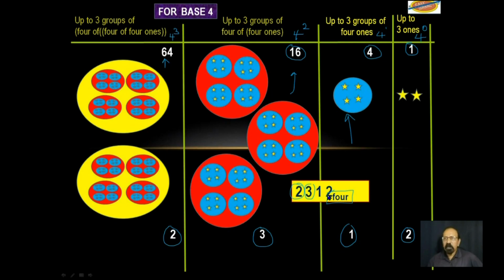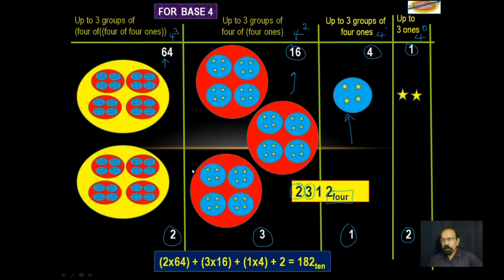If we were to convert the number of stars in base 4 that we see here into base 10, it will be 2 groups of 64, plus 3 groups of 16, that's this 3 group here of that 16 there, and then 1 group of 4, that is to say this 1 group of that 4, and finally 2 single stars.